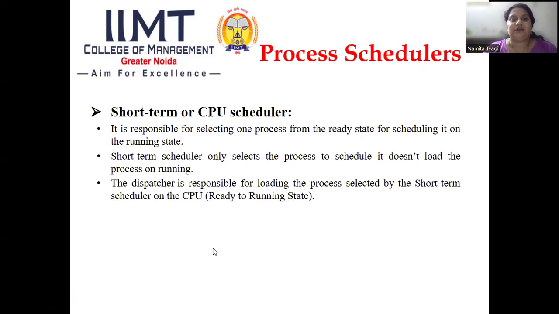The next scheduler is the short-term or CPU scheduler. It is responsible for selecting one process from the ready state and scheduling it on the running state.